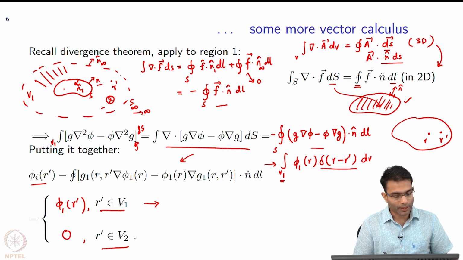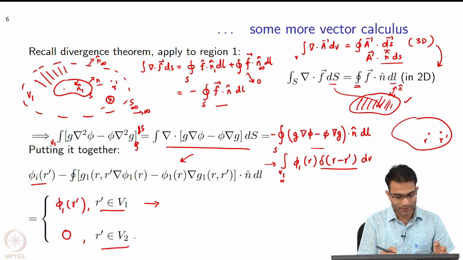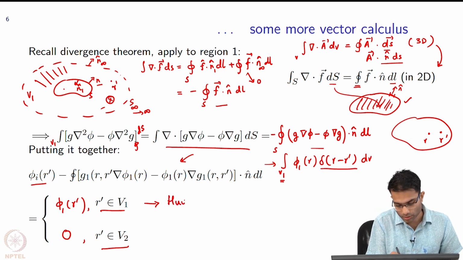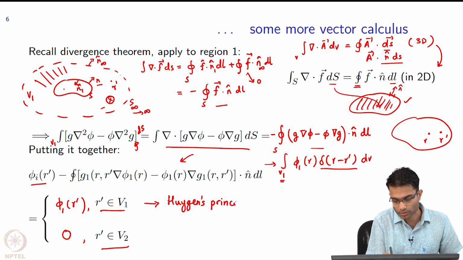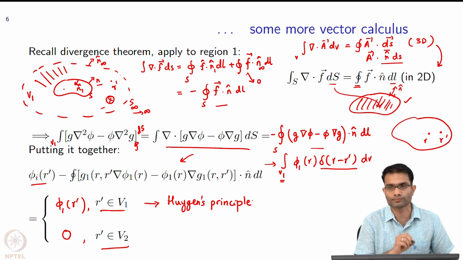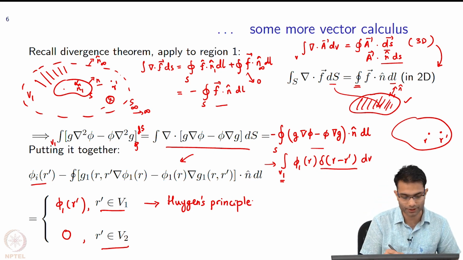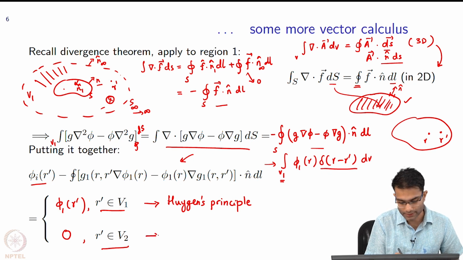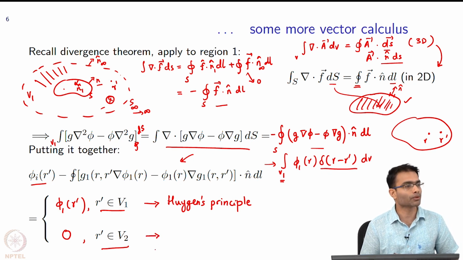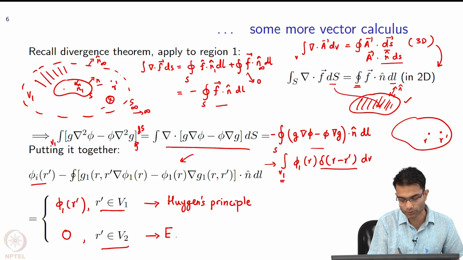When r prime belongs to V1, you do not recognize it yet, but this is actually nothing but Huygens principle. Okay, and we will give a physical interpretation to every term. This other one is something that you have not encountered so far or even heard the name of, but this is called the extinction theorem.